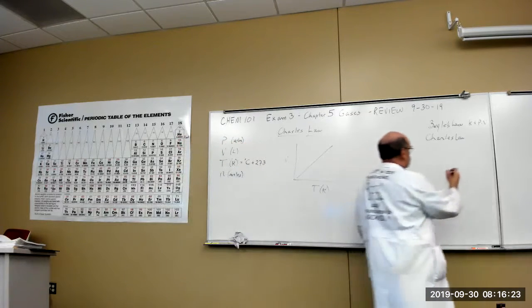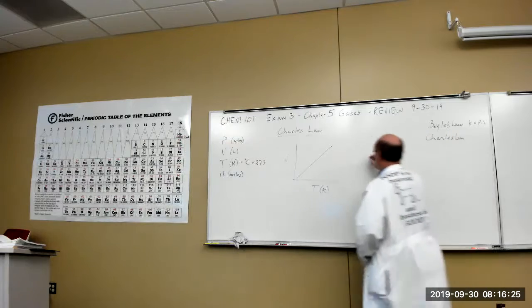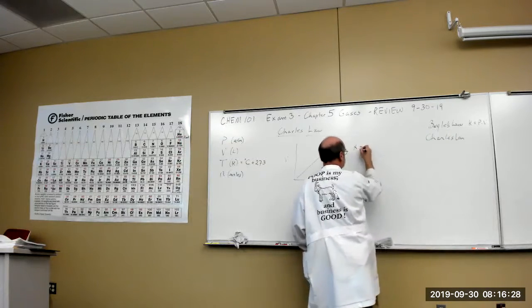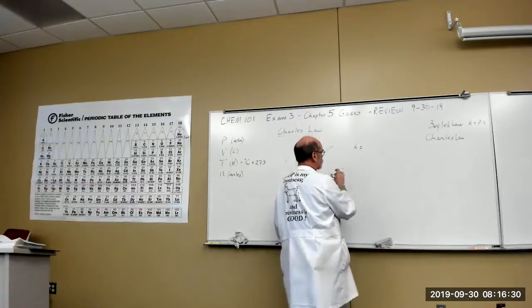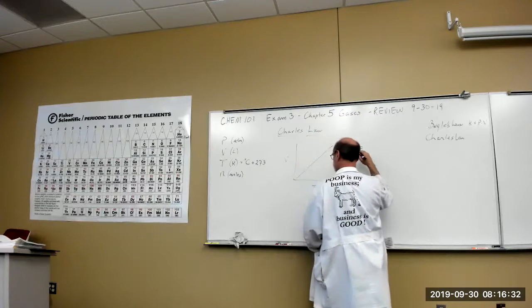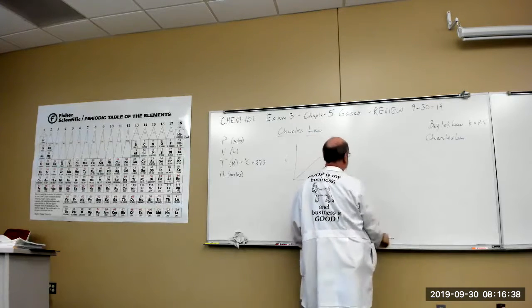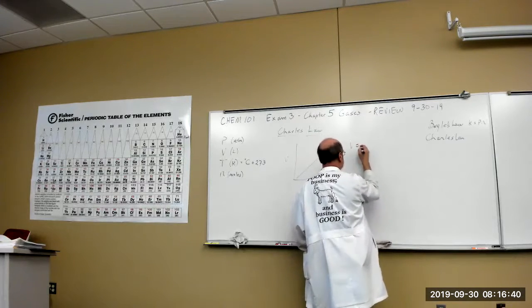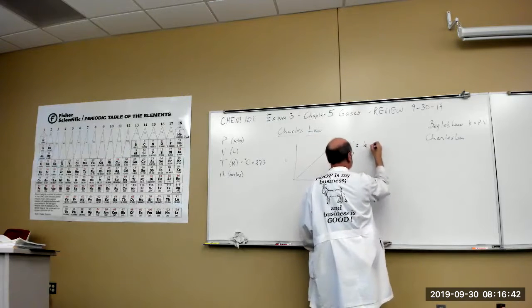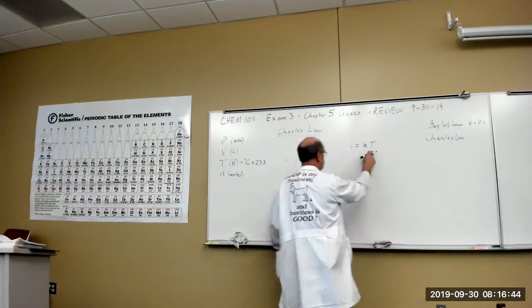So Charles discovered that volume is equal to a constant times temperature. So there's your x and there's your y.